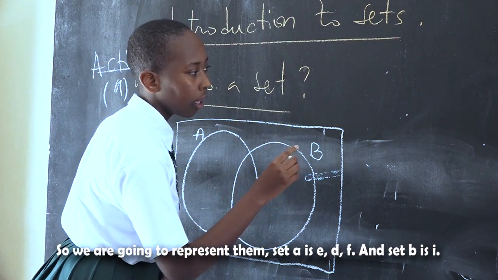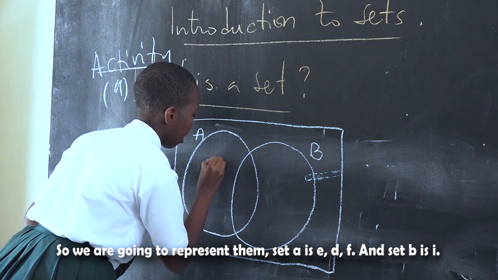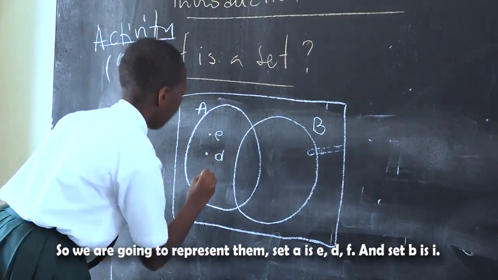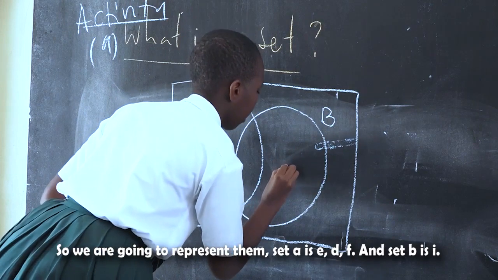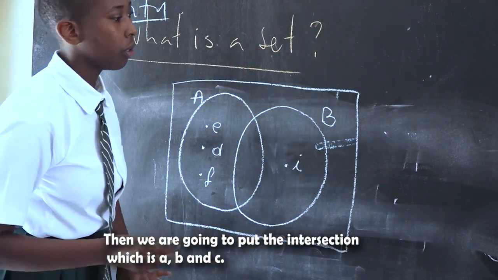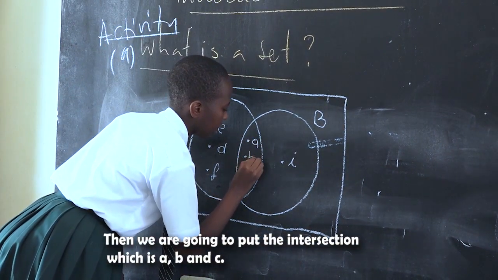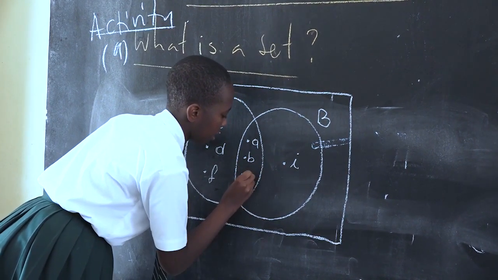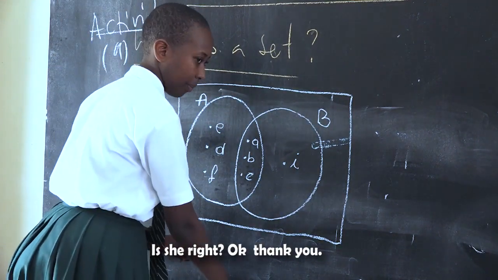Set A is, and set B we have I. Then we are going to put the intersection, which is A, B, and C. Is she right? Yes. Snaps to her. Thank you. And is it the last number?